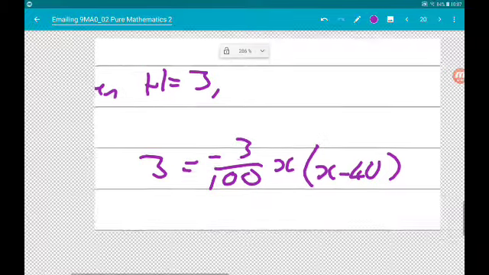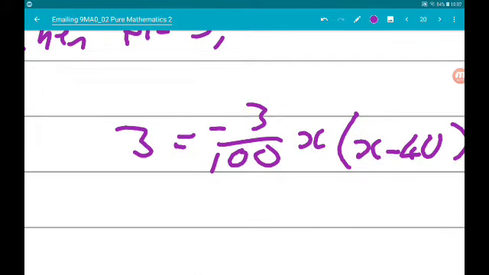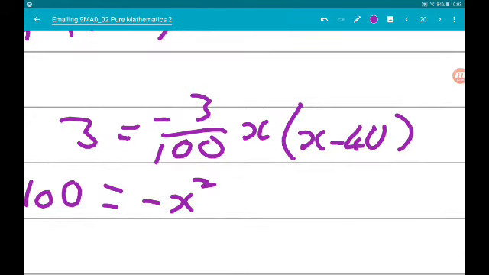Okay, so let's get rid of the fraction. Nobody likes it. So if we multiply by 100, we get 300 on the left. Then if we divide by 3, we get 100 on the left. So 100 is equal to, now if we expand, minus x times x, which is minus x squared, and then we're going to get positive 40x.